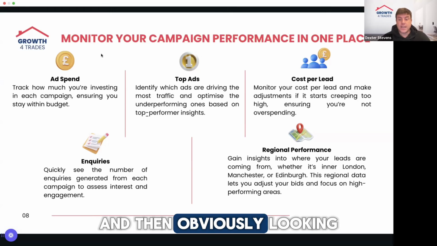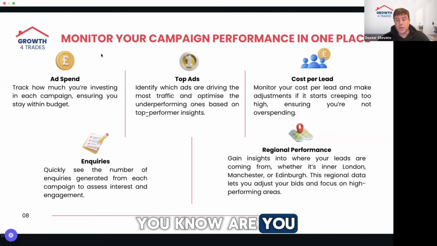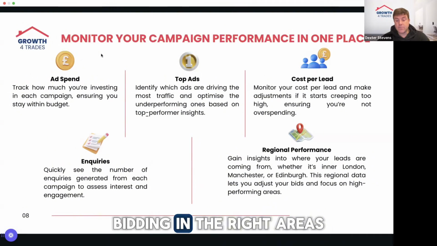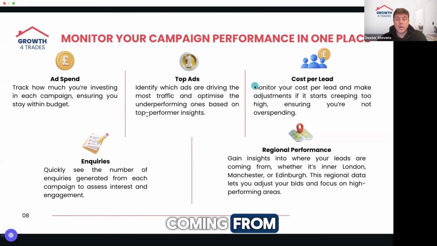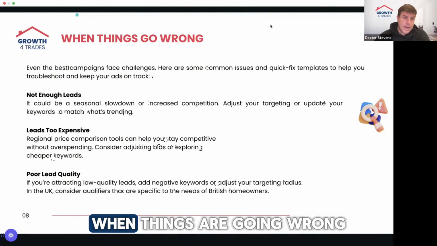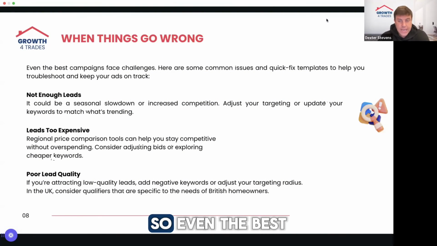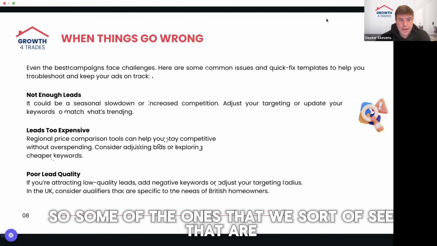And then looking at your regional performance, are you bidding in the right areas? And again, everything is data driven. So you should be able to identify where your clicks are coming from, what wasted cost you're getting on the ad campaign.